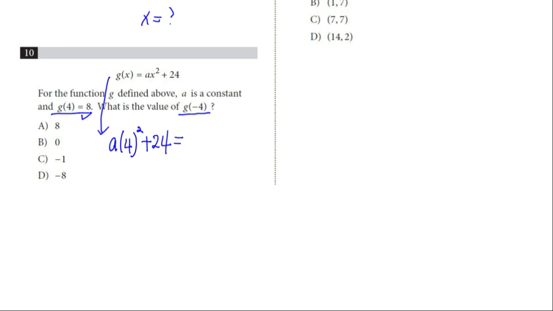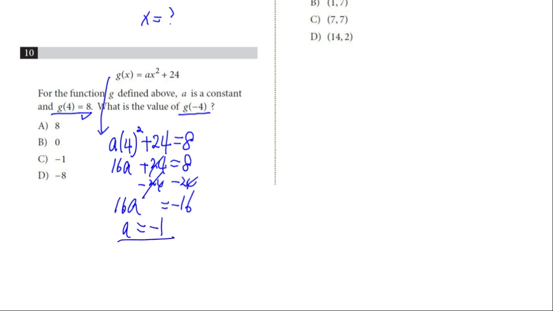They said this is 8. Now 16a plus 24 equals 8. If you subtract 24 from both sides, negative 24, negative 24, cancel out, you have negative 16. So 16a equals negative 16, so a equals negative 1, right?